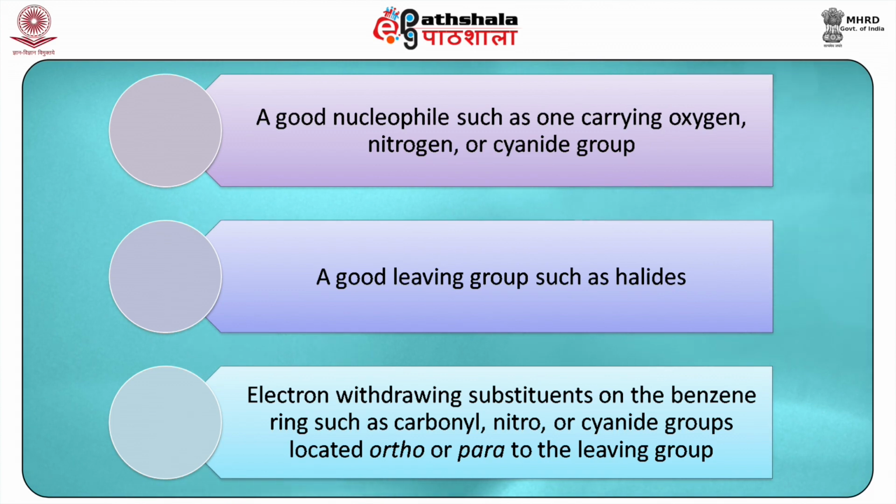Secondly, a good leaving group such as one of the halides, that is fluorine, chlorine, bromine or iodine. Third, an electron withdrawing substituent on the benzene ring, such as a carbonyl, nitro or cyanide group, located ortho or para to the leaving group.